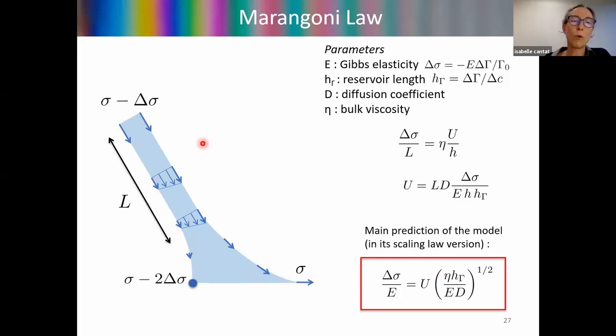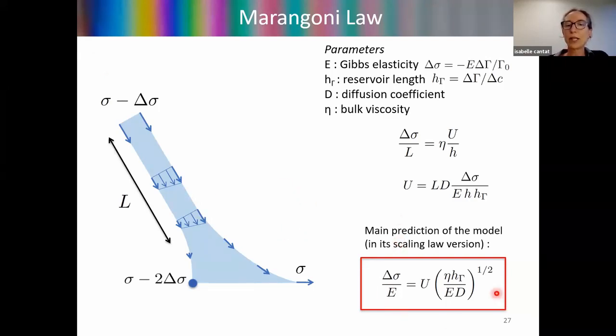And we can make the remark that the sum of the tension on both interfaces remains constant along the film, which is consistent with the assumption I made previously that the film tension, which means the sum of the tension on both interfaces, remains uniform in the whole film.